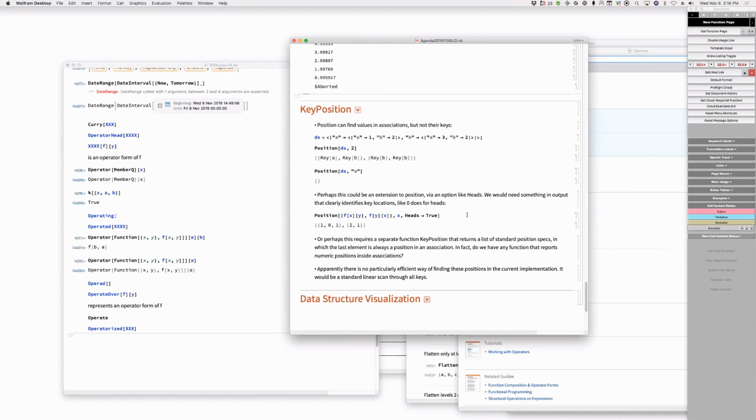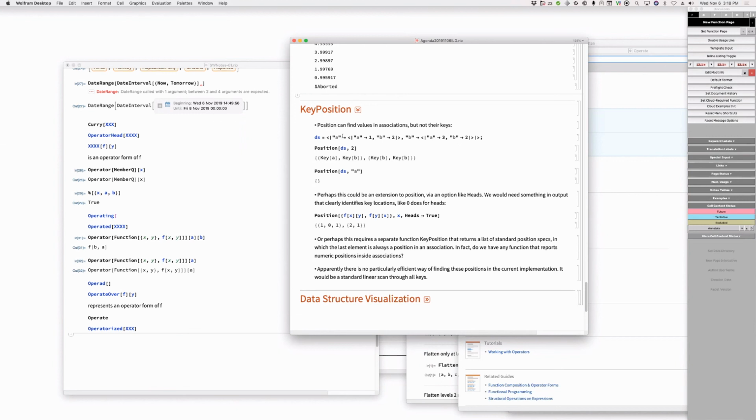Because position in an association will give the key, right? Yes, if you ask for the value. So if you ask where is a given value. Okay, you're saying where is that key? Exactly. And how does this relate to other key star functions? Is that consistent with how they work?